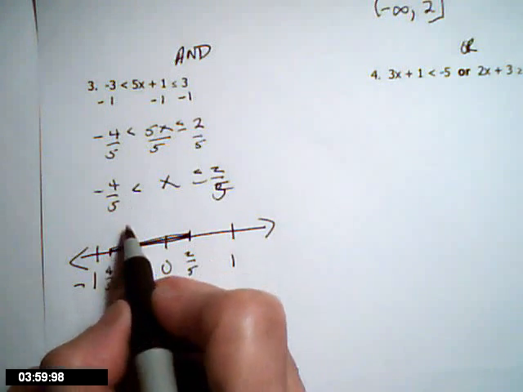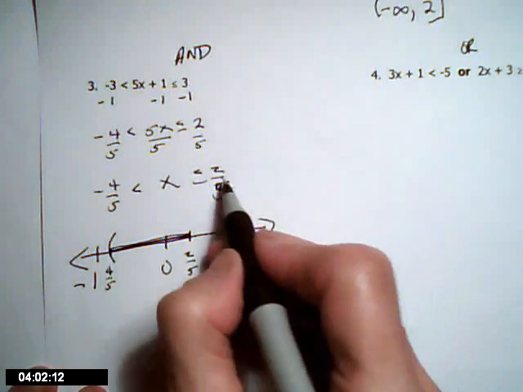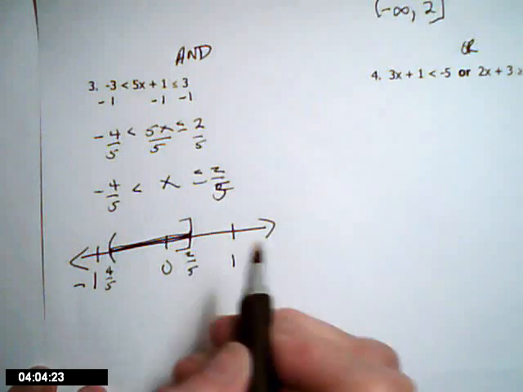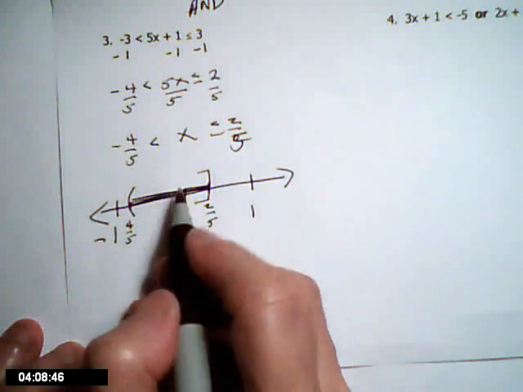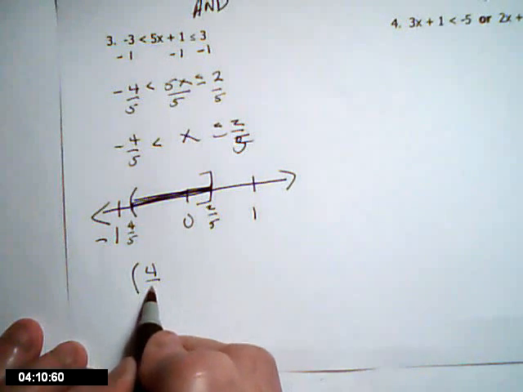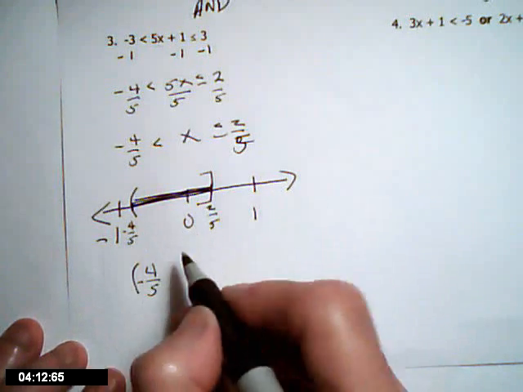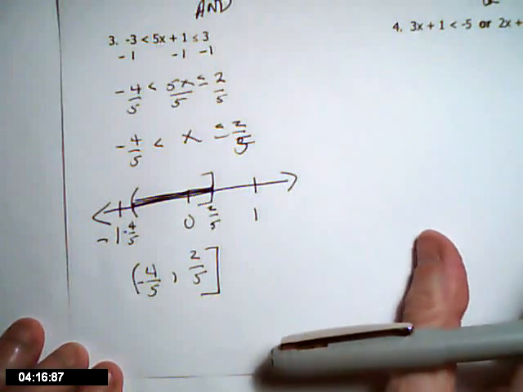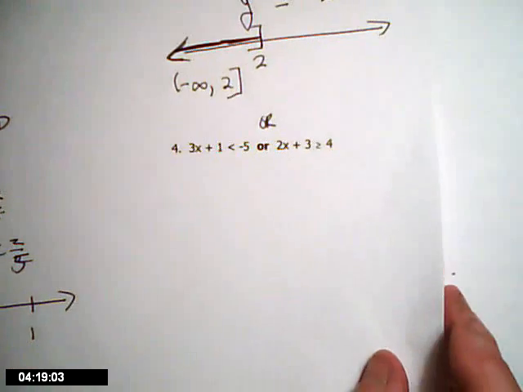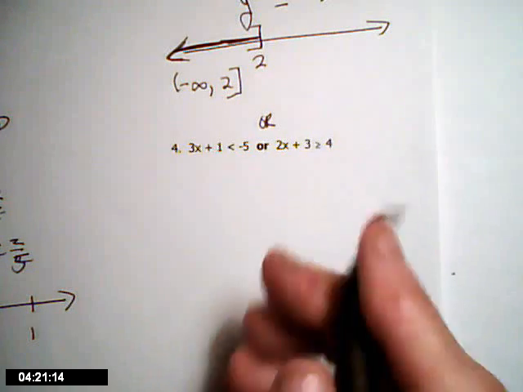There's no equal sign on the left, so that has a parentheses. There's an equal on the right, it has a bracket. Now what you need to do now is draw a little picture of this shaded area. So it would go from negative 4 fifths on the left to 2 fifths on the right, inclusive, with a bracket.